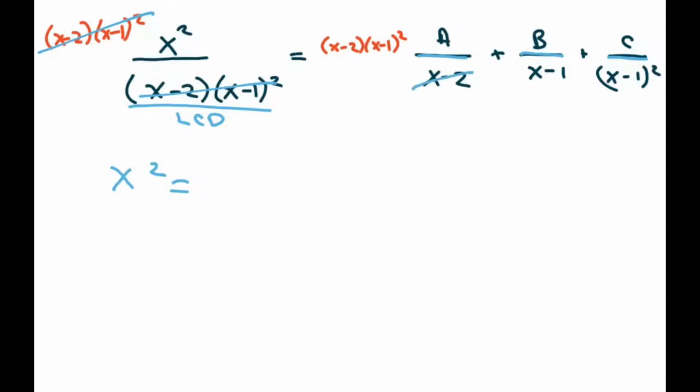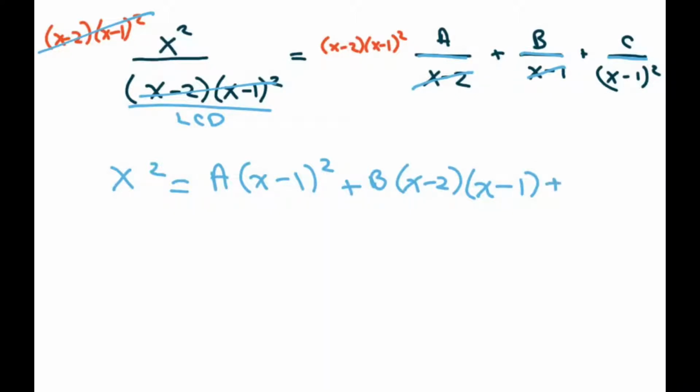This one crosses out, but we're left with a times x minus 1 squared. And this one's going to cross out, and so you're left with b times x minus 1, and we just have one of these x minus 1s. And then plus c. This crosses out, so you have c times x minus 2.